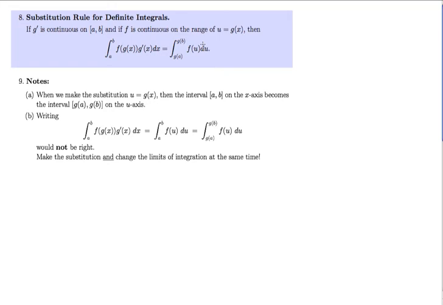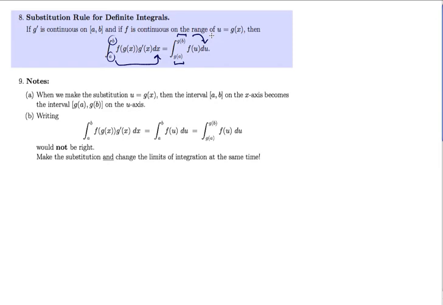And the thing to keep in mind is that when you put an integral back in terms of u, you need to put the limits of integration, which are originally limits in terms of the variable x, in terms of the new variable u. So our limits of integration must change as well based on the new variable we're using.